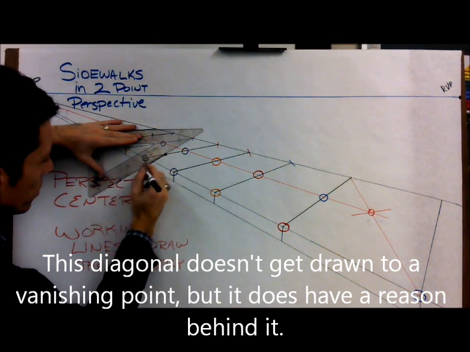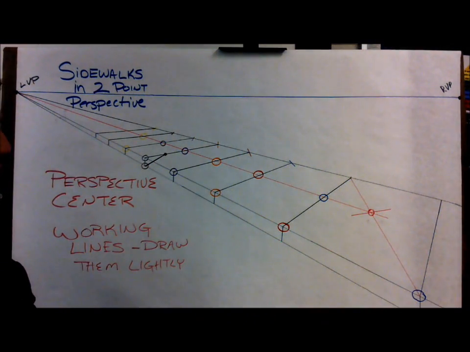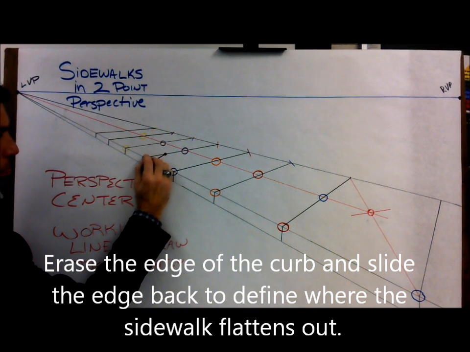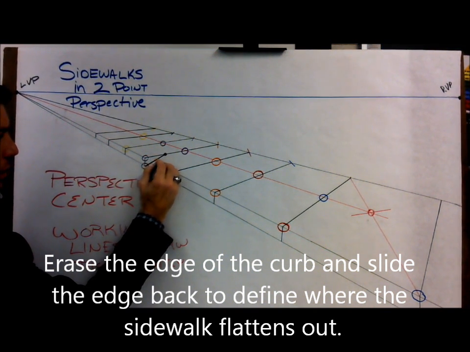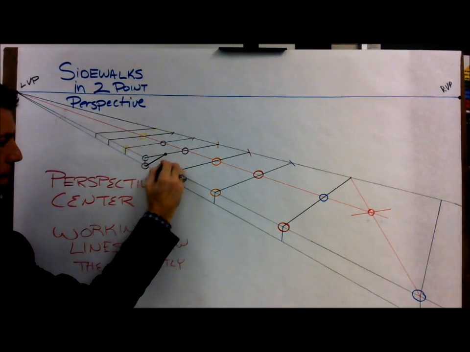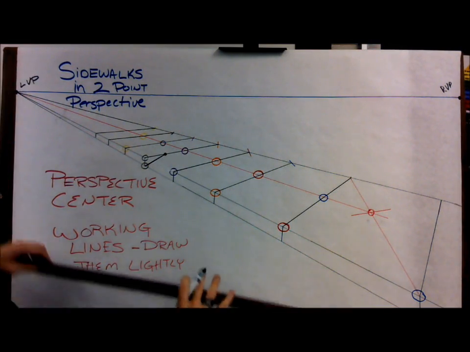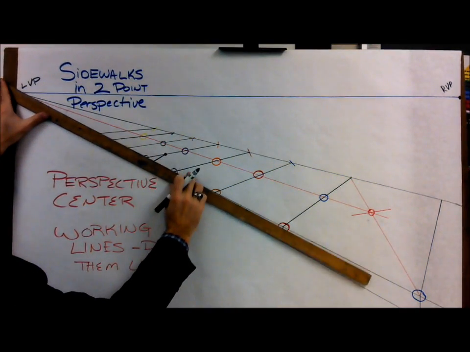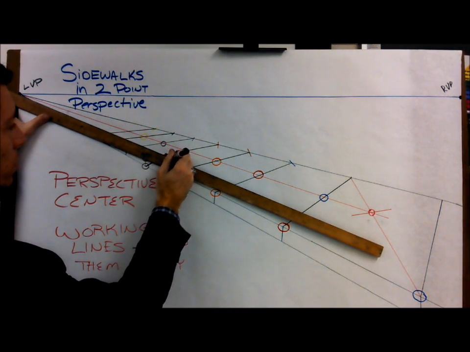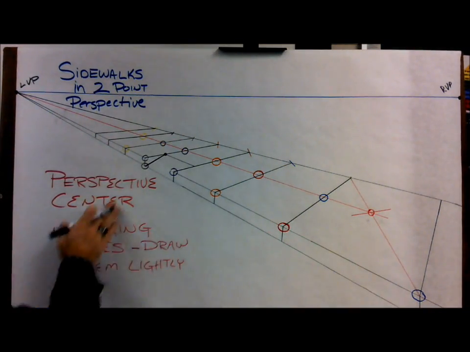Oh, that's so awful. Right there. There we go. That's better. I'm going to erase that top edge of my curb all the way down until my next corner. And then I am going to, from this little dot, draw in another straight line to show that it ramps up.